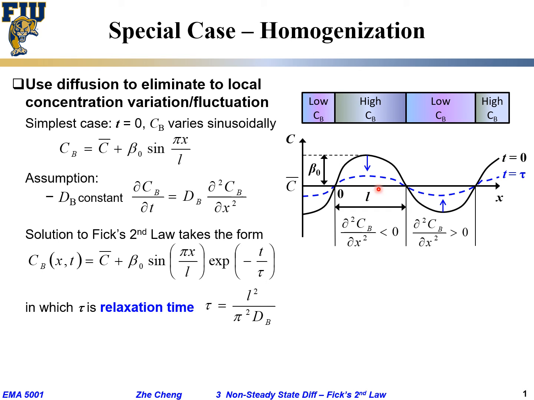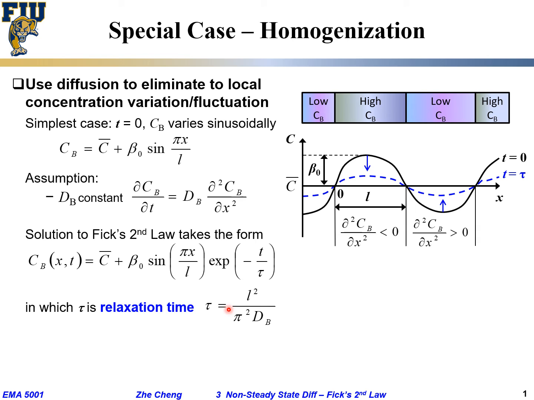So initially it's oscillating, and tau is this relaxation time. When L increases, tau would increase. What that means is, if the inhomogeneity is at a very large length scale, L is large.